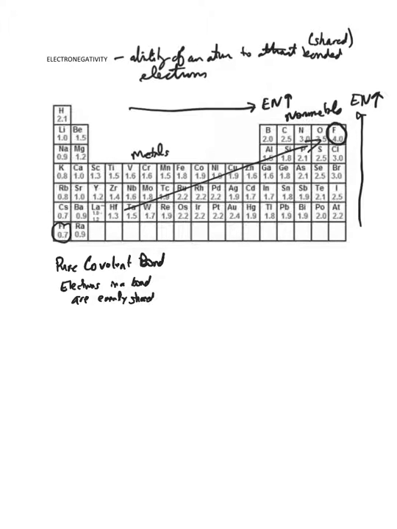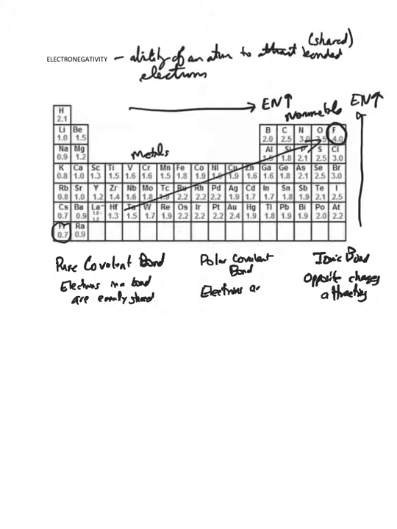The other extreme would be an ionic bond, where it's held together by opposite charges attracting one another, this electrostatic interaction. And in between, we'll have a polar covalent bond, where the electrons are unevenly shared.